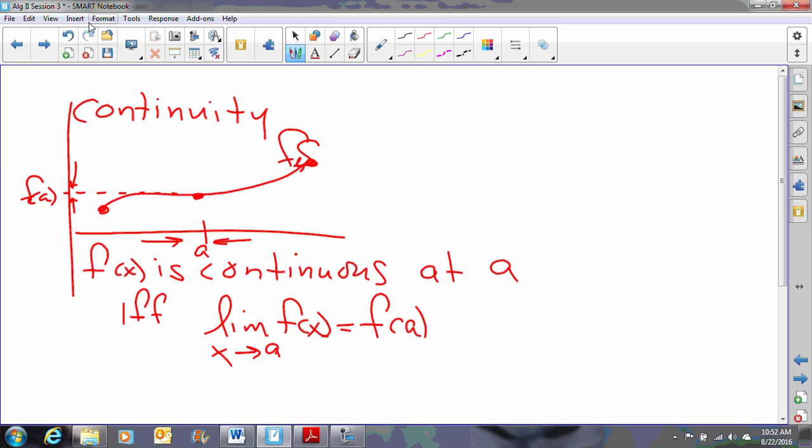We were calling it L before because sometimes we had things like an open circle here with a point up there. So what we're saying is if the value that we're approaching as a limit is the same as the defined value for the function, in other words, if this point is actually here, then f is considered to be continuous at a.